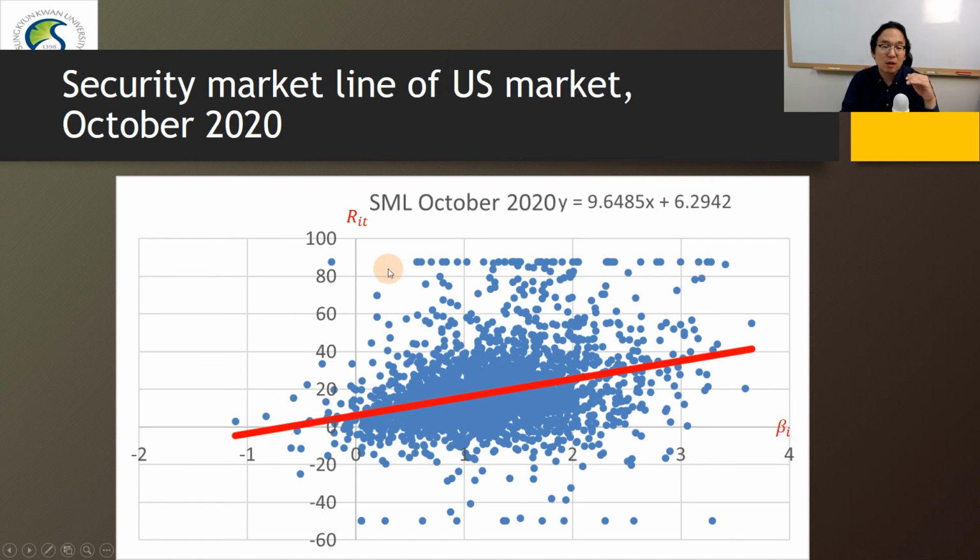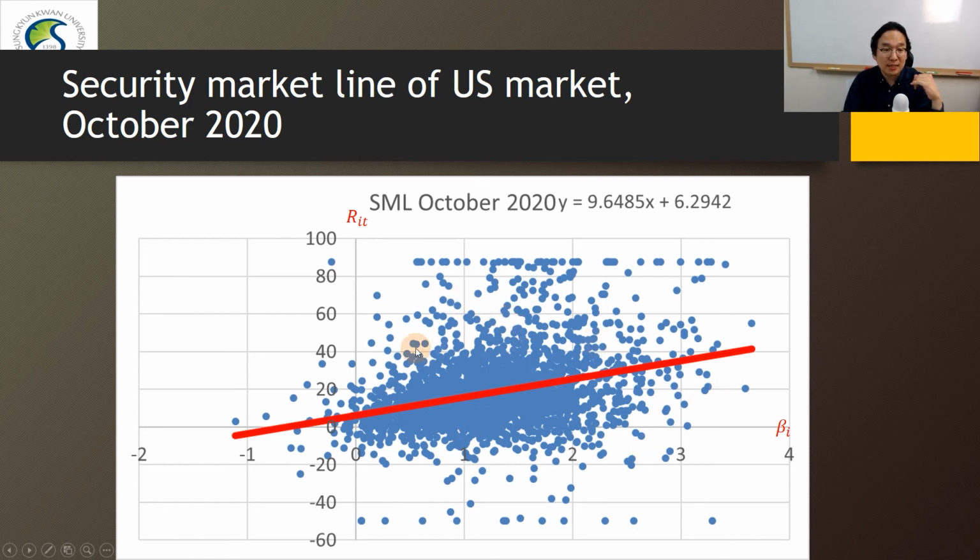Windsorize, what do you mean? This is a data management technique to trim off that value. If it is 200% or something, I replace those returns with something like 90%. So 99th percentile value, I replace it. I Windsorized it.